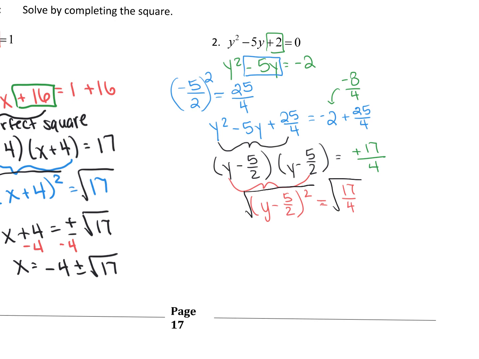And when you take the square root, you get whatever's left underneath, y minus 5 over 2, is equal to plus or minus the square root of 17 over 4. Cleaning this up, we're just going to move the 5 over 2 over by adding to both sides. And I get y is equal to 5 over 2 plus or minus the square root of 17 over 4.